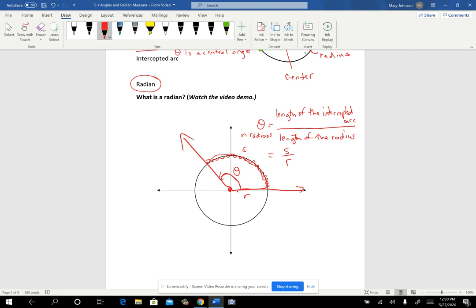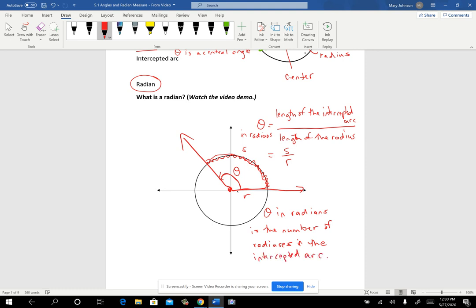So the way to really think about it is theta in radians is the number of radiuses in the intercepted arc.